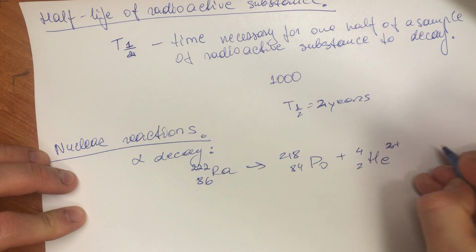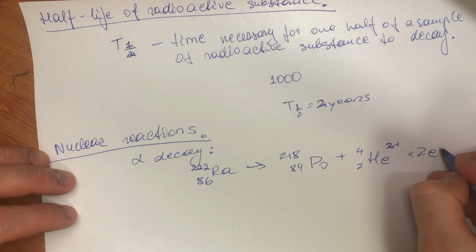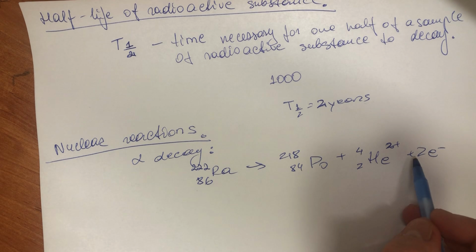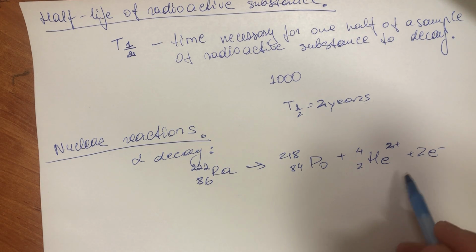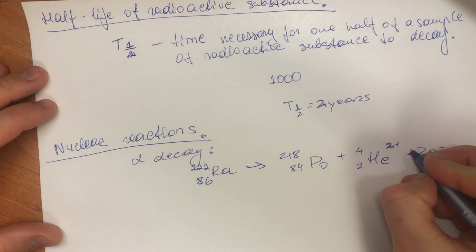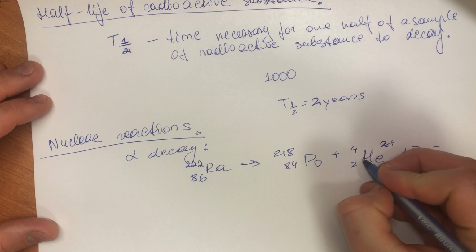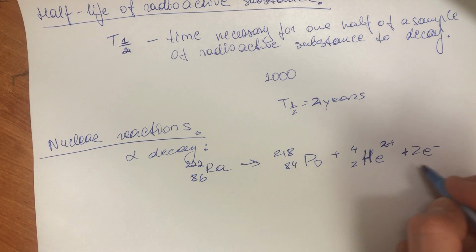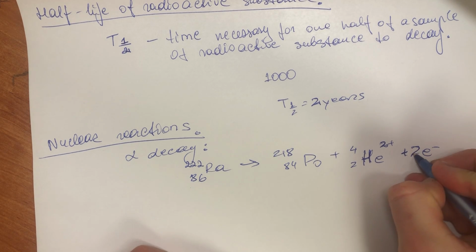The helium nucleus has charge plus 2, so it means two electrons are also produced here, but these electrons just leave this helium atom, because it is not beta decay, it is just alpha decay.